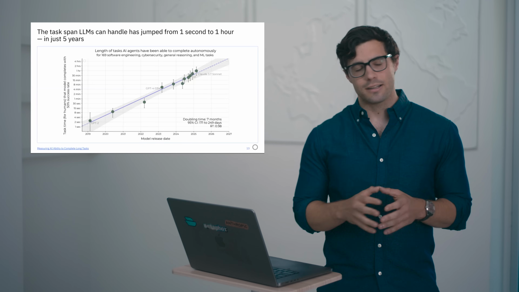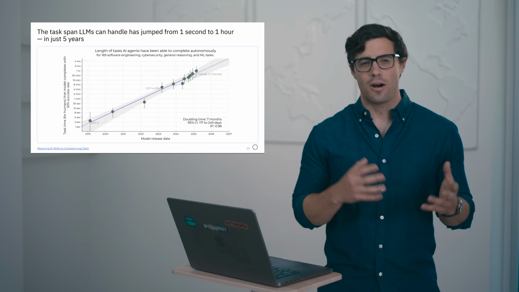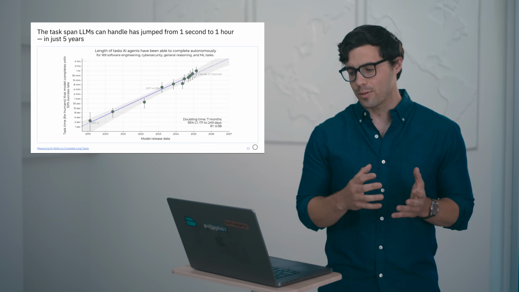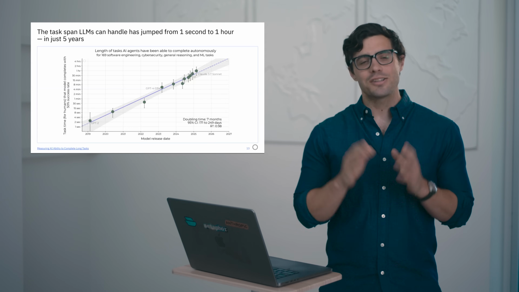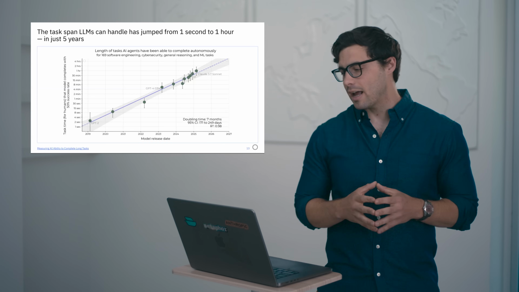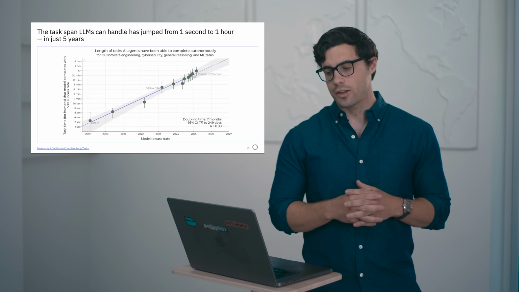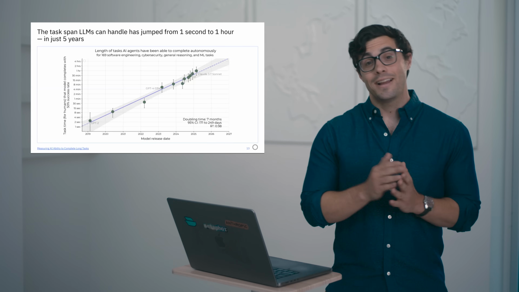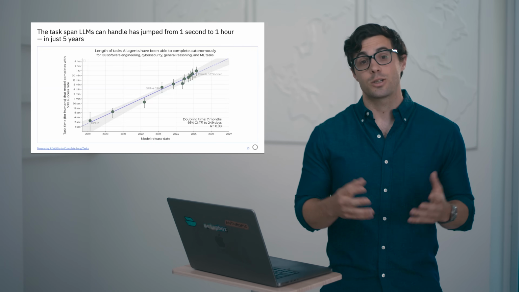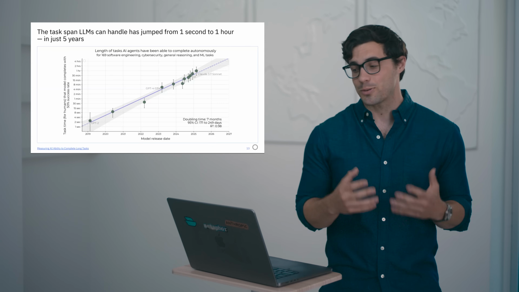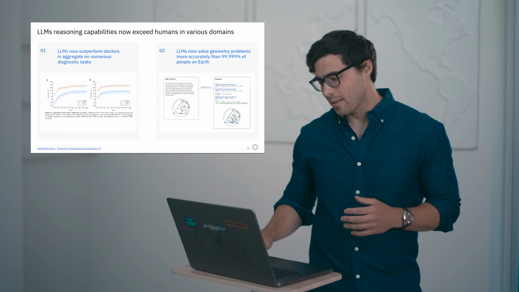And what you can see is that in 2019, 2020, models could often only do tasks that a human might take somewhere between a couple seconds, maybe 10 seconds to do. This is doubling every 7 months, and indeed LLMs can reliably do tasks that might take a human an hour or multiple hours. If you play this out, it's likely that LLMs will be able to reliably automate tasks that take days or even months over the next couple of years, which is really unbelievable, right?